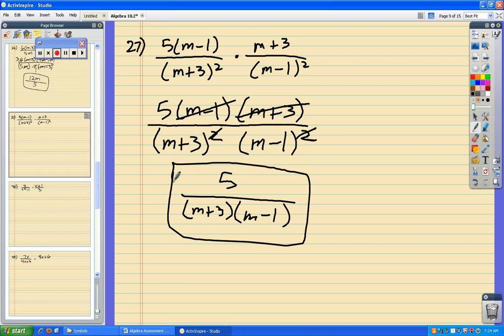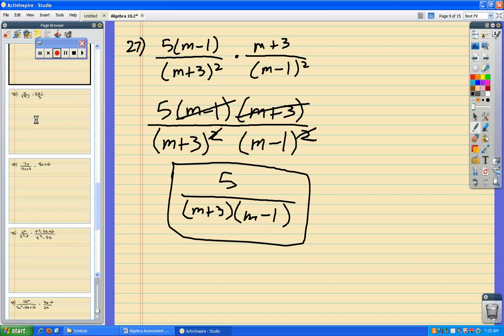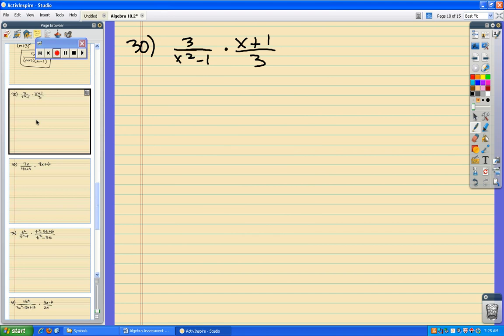Okay. Number 30. X squared minus 1 can be factored.